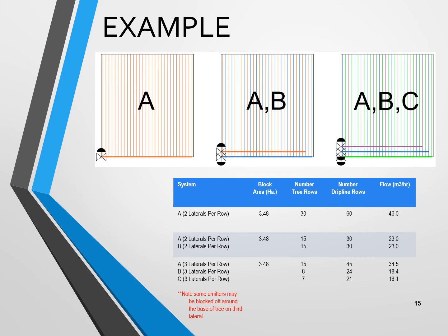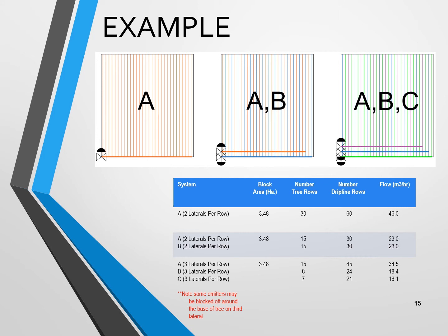The ABC system with 3 laterals per row, the block area is still 3.48 hectares. The A system has 15 tree rows every second row, 45 drip lines because we have 3 laterals per row, and a flow rate of 34.5 cubic meters an hour.